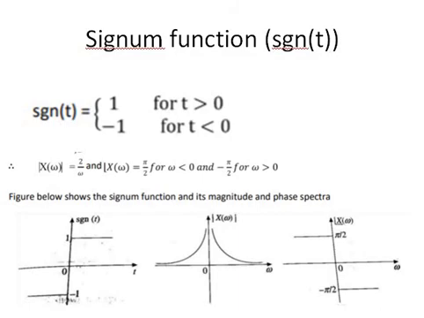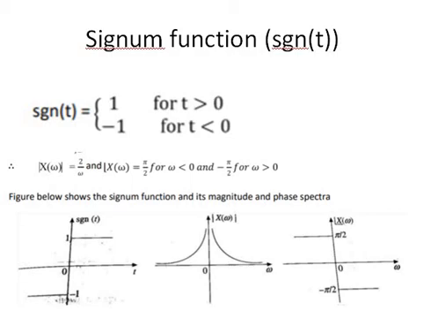Next is the signum function. As I said before, this is somewhat similar to the sinc function. In the signum function, for t less than 0 we take minus 1, and for t greater than 0 we take 1.